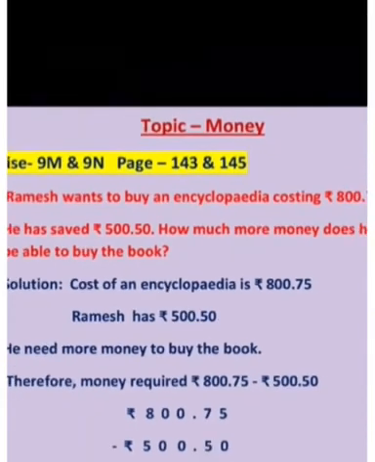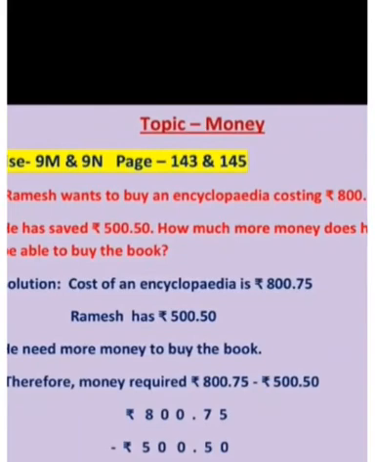Read the first sum on your screen. Ramesh wants to buy an encyclopedia costing rupees 800.75. He has saved rupees 500.50.